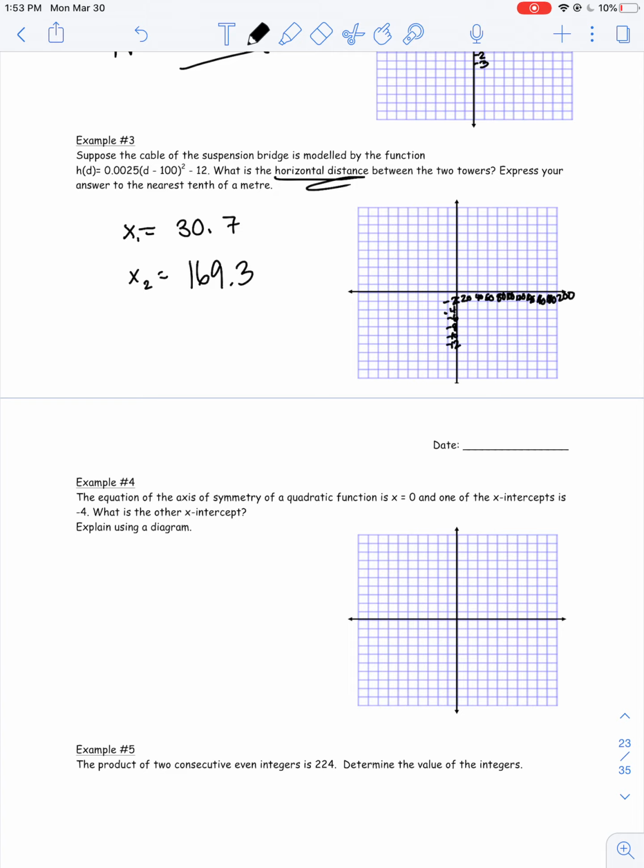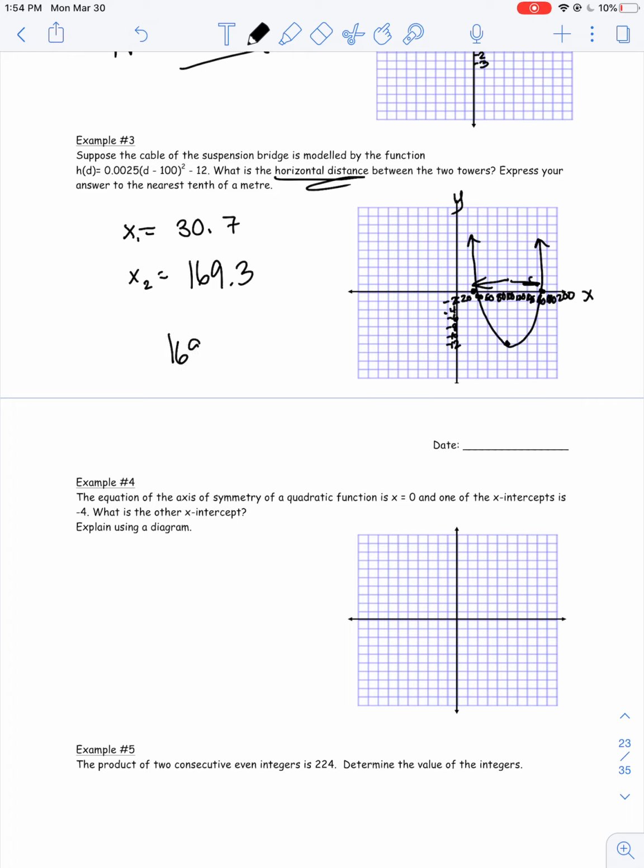So that'll be -2, -4, -6, -8, -10, -12, and that's good enough. Okay, so we know that there is an x-intercept approximately here and at 169.3, so there. And we know the graph is at 100 and -12 for the vertex, so I'm just using that to create my sketch.